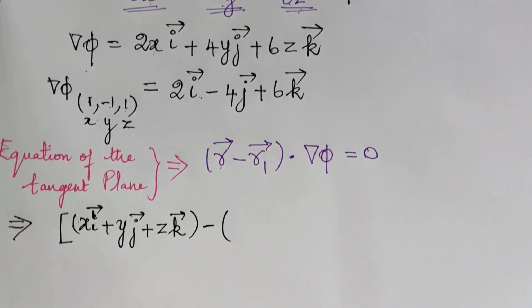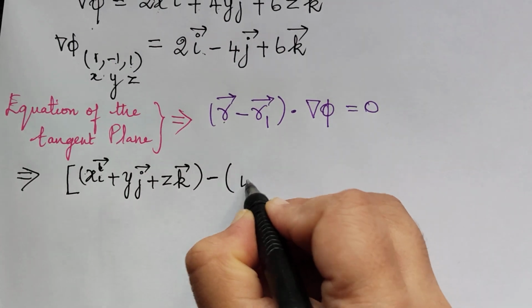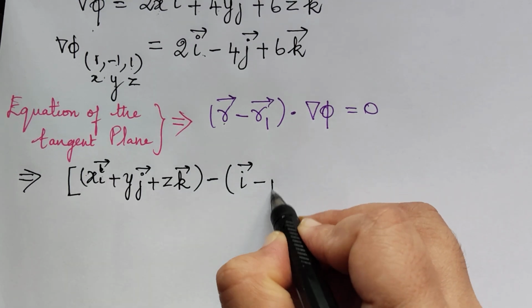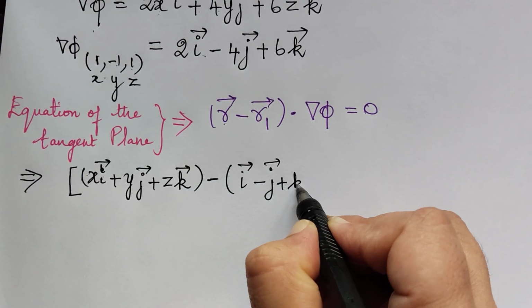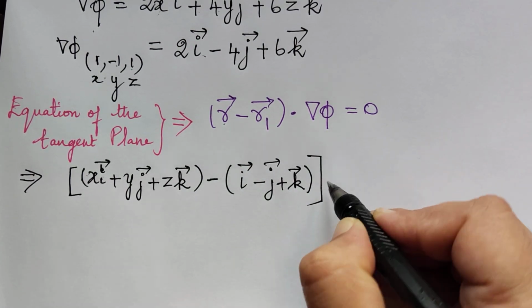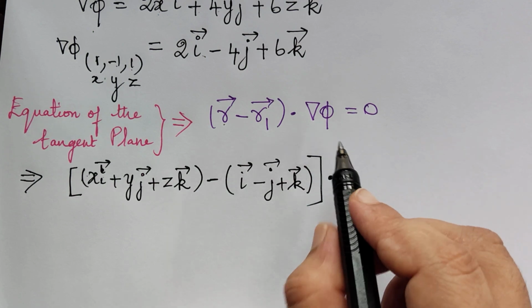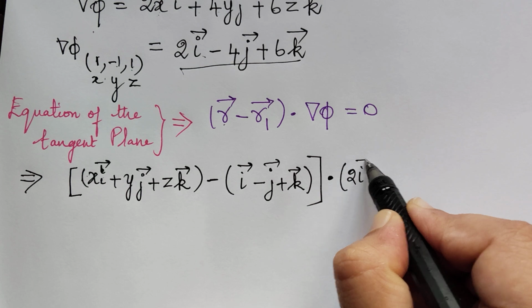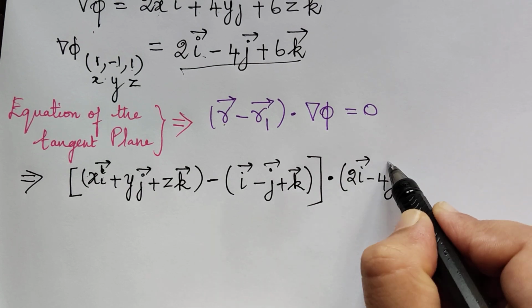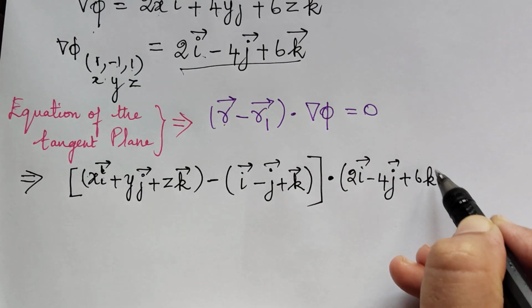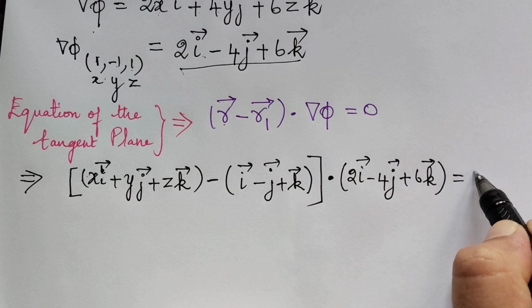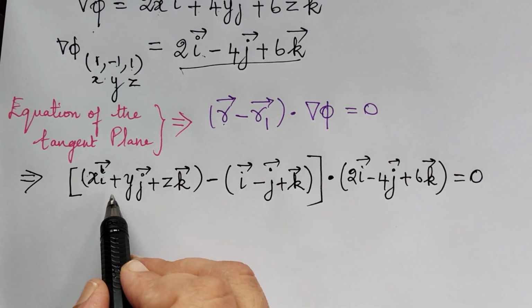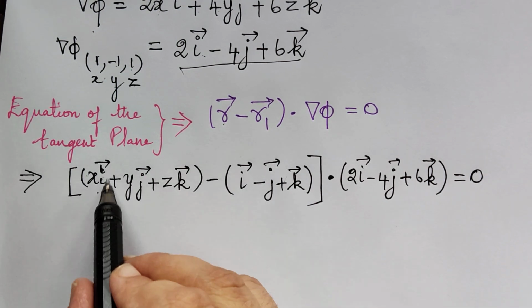So let us substitute that. So (r vector minus r1 vector), that is, i vector minus j vector plus k vector, and this has to be taken dot product with nabla phi, which we have found here. So it will be 2i vector minus 4j vector plus 6k vector, and that is equal to 0. Now if you see, we have to subtract this vector from this.